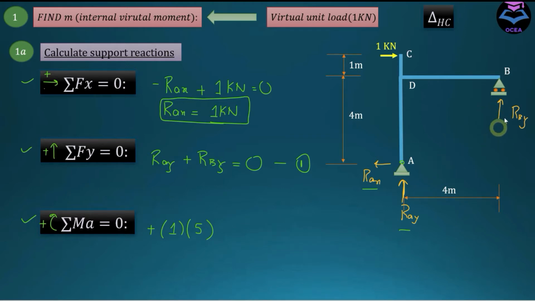And this RBY is creating a counterclockwise moment about point A, so this is going to be negative, and it has a moment arm of 4 meter. And if you calculate RBY from here, it is coming out to be equal to 1.25 kilonewton.